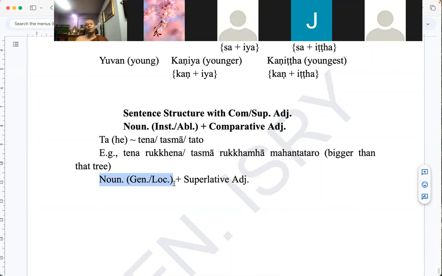So that one will be with the genitive case or locative case. Okay, genitive case or locative case.